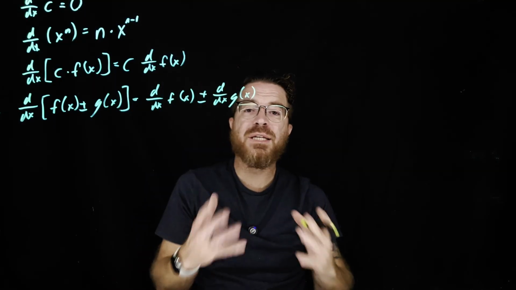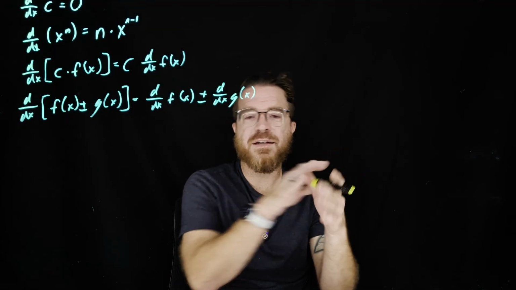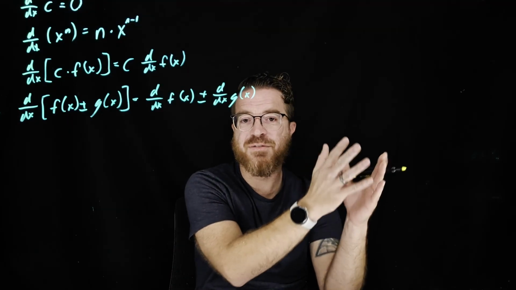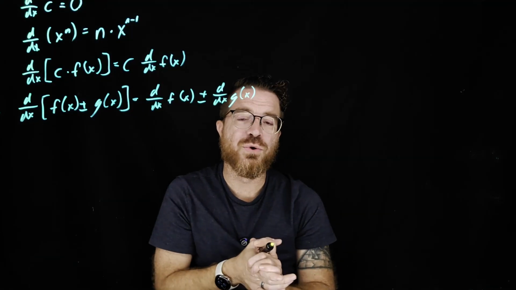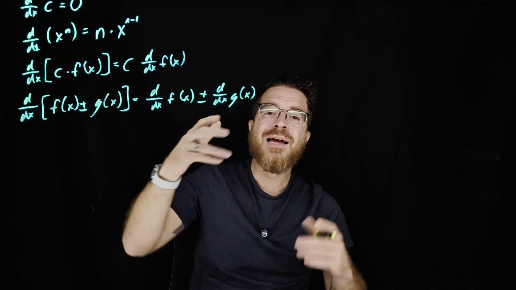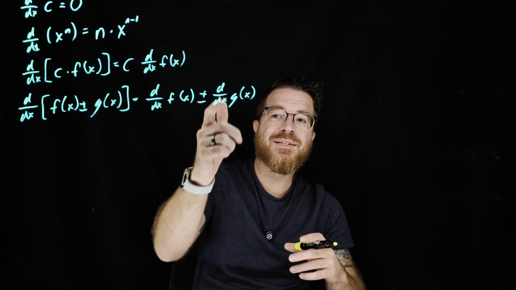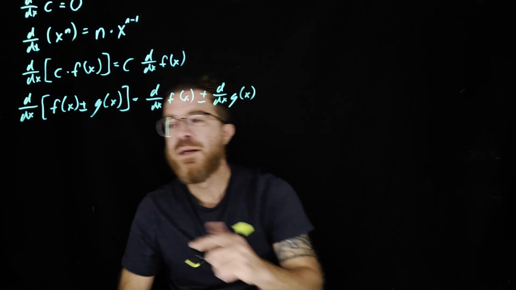And this is just like when we did limits. If I had the limit of some function f of x plus or minus g of x, I could take the limit of f of x plus or minus the limit of g of x. This still holds true for derivatives. So the derivative of f of x plus or minus g of x will be the same thing as the derivative of f of x plus or minus the derivative of g of x.